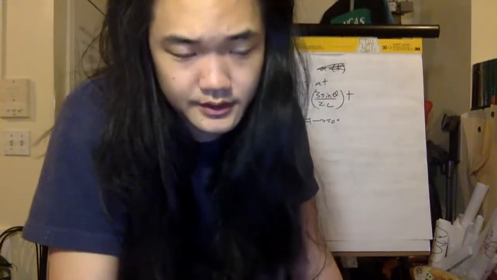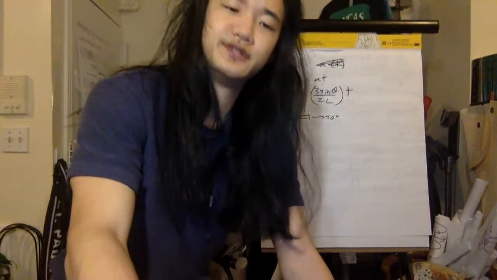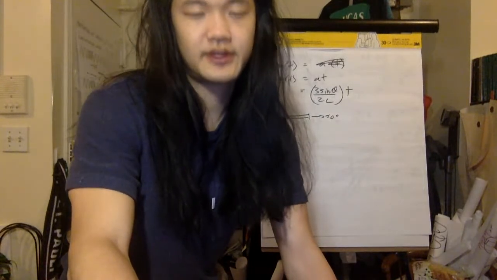So the easiest thing to do here is, all right, at theta equals 90, I need omega to be 0, right? So that eliminates the things with sine.